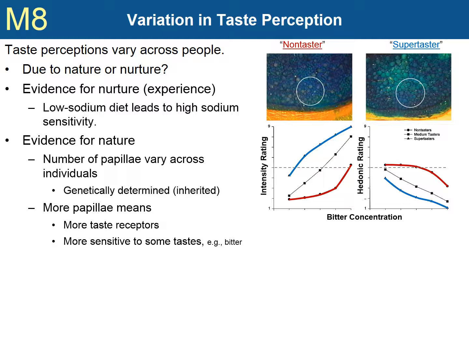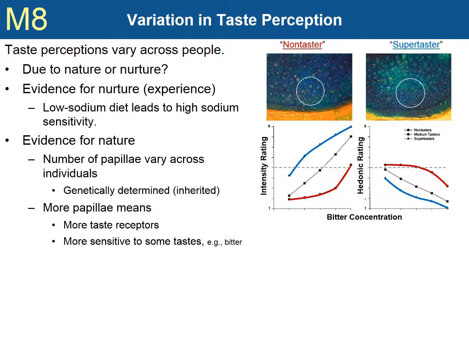In the left graph, we can see that non-tasters rated the lowest concentration as a low intensity, whereas supertasters rated it as a moderate intensity. As the concentration of the bitter substance increased, the supertasters rated it more and more intensely, with the highest concentration being rated as extremely intense. However, the highest concentration was only rated as being moderately intense by the non-tasters.